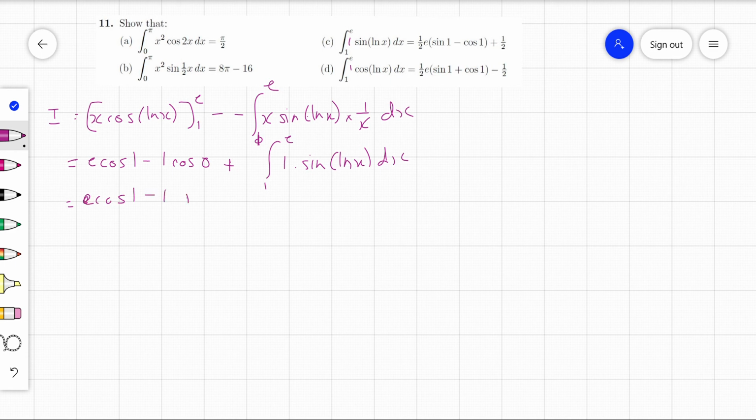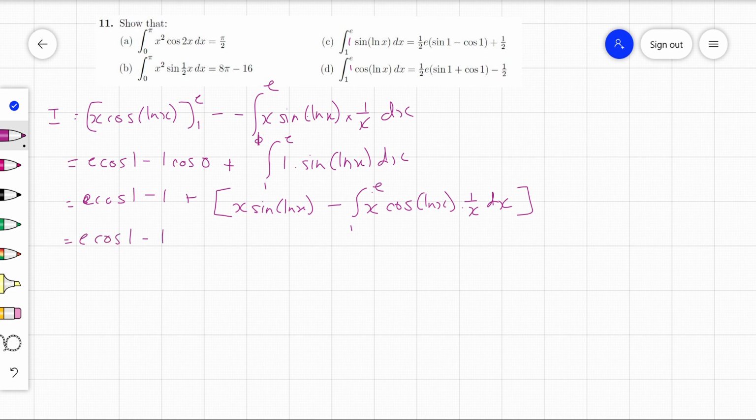Now here again we're going to do our by parts, so I'm going to integrate the 1 and leave the sine log x, minus, so I've integrated the 1 and I'm going to differentiate sine log x, so sine goes to cos log x times 1 on x dx. And that's between 1 and e, so e cos 1 minus 1.